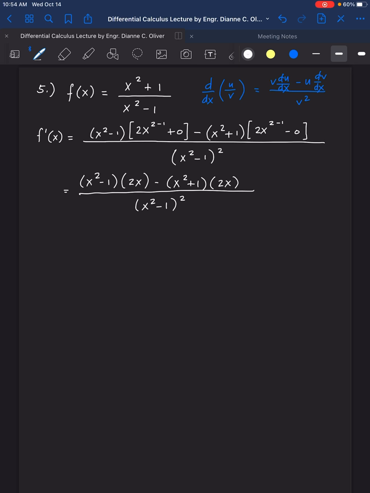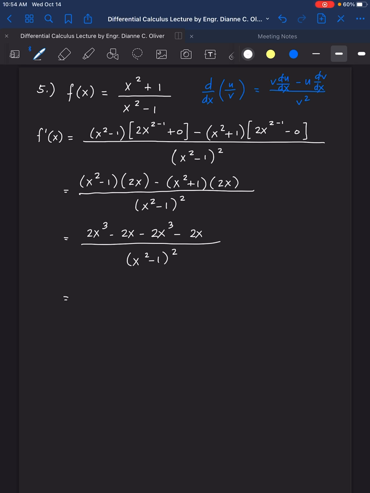Okay, then expand, distribute, so we have 2x cubed minus 2x minus 2x cubed minus 2x over x squared minus 1 squared.